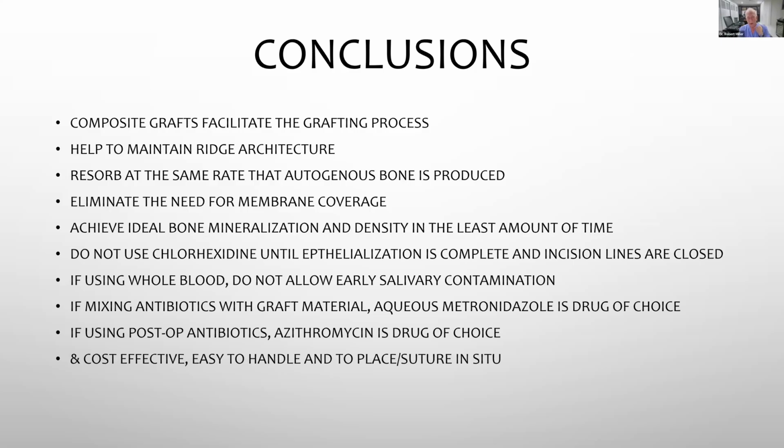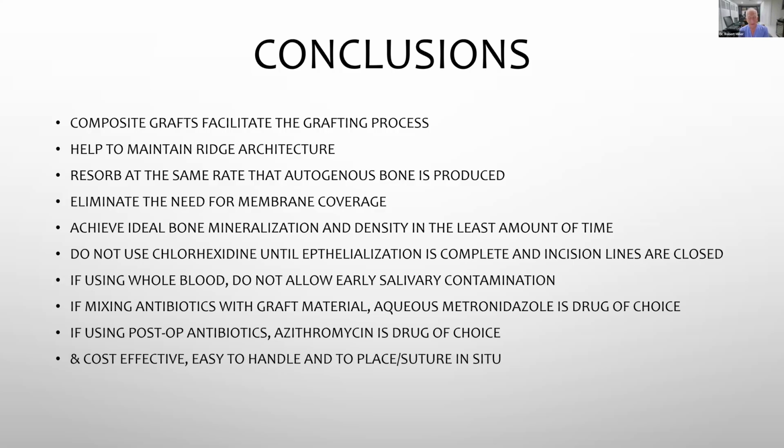So it's rare that you find a material that speaks to so many different pathways, from ease of placement to site control, site maintenance, to the quality of the tissue that you regenerate, and at the same time being extremely cost effective.